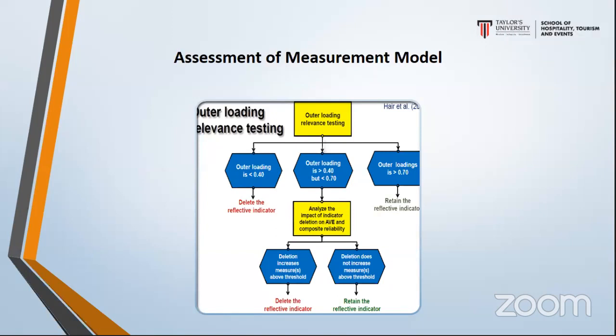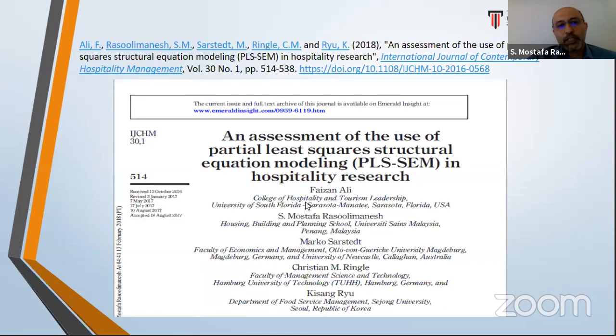For assessment of the measurement model, I will review this very quickly and then go to the software. This is our paper published in 2018, on the assessment of use of partial least squares structural equation modeling in hospitality research.